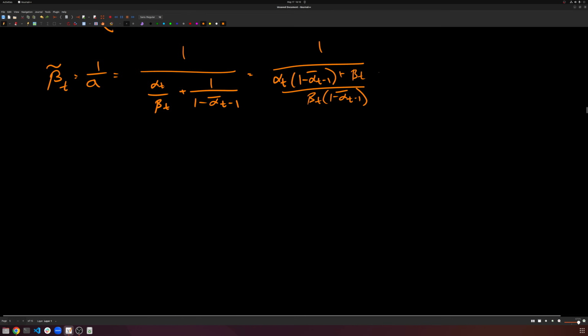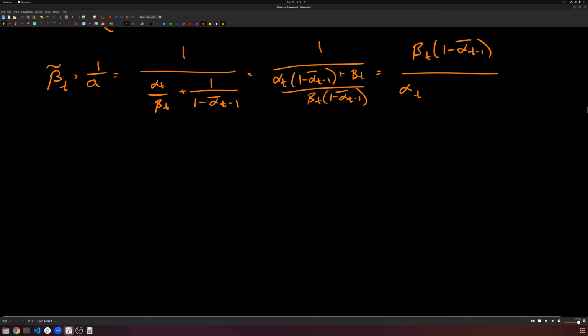And 1 over this is just the reciprocal, so it's beta t times 1 minus alpha hat t minus 1, divided by alpha t times 1 minus alpha hat t minus 1 plus beta t. And there we are.